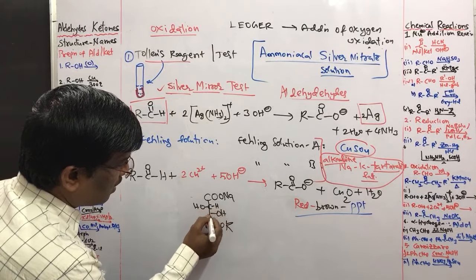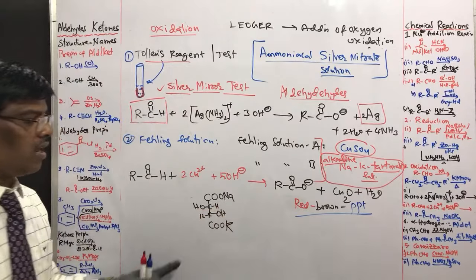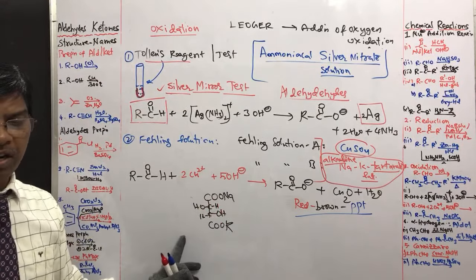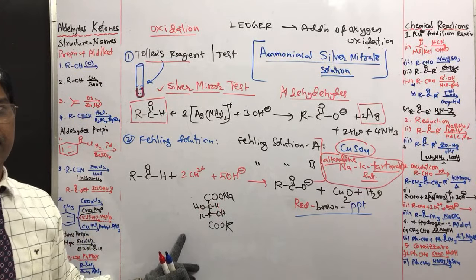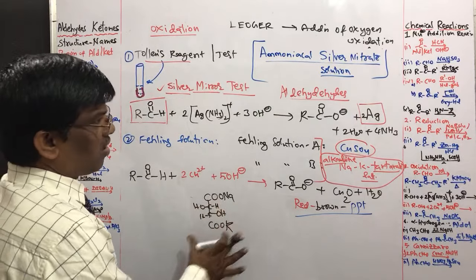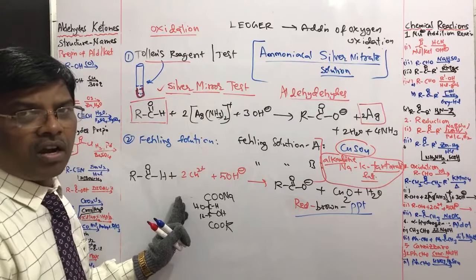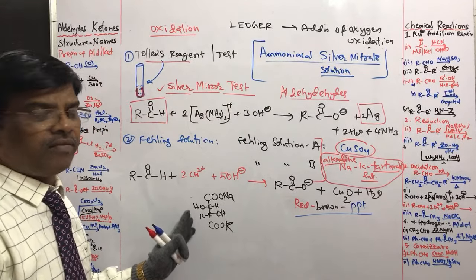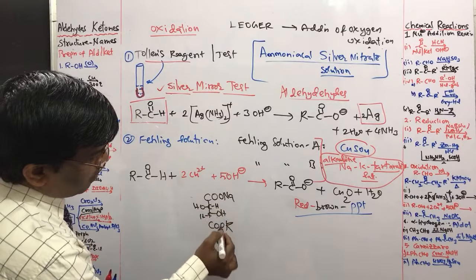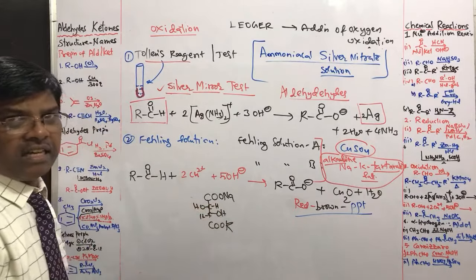If you want, you can write the carbon and hydrogen here. Anyhow, just remember it like this. You are not going to be asked the structure of this. Yes, sodium potassium tartarate.